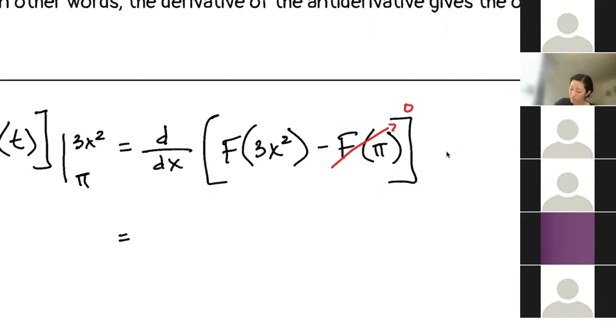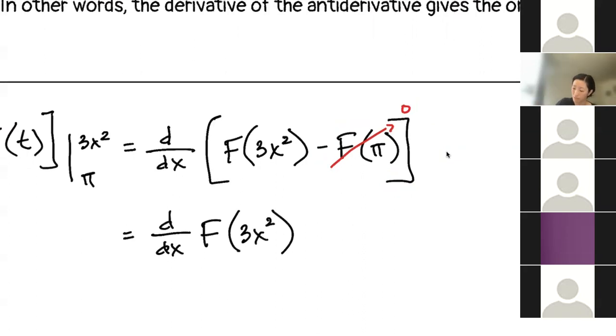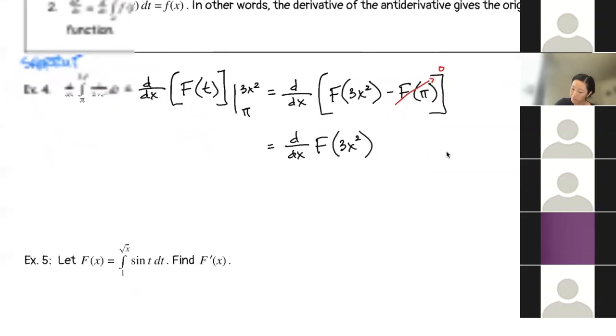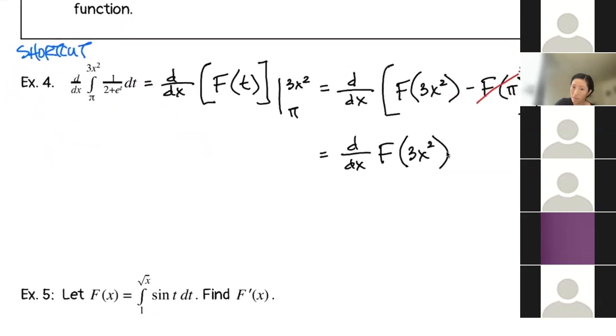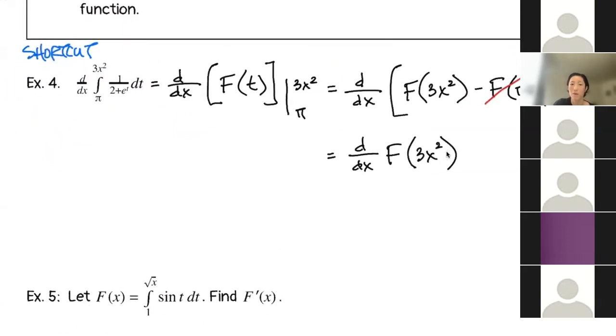Okay. So that means that I'm really thinking about the derivative of the integral of 3x squared plugged into the function. Okay, I'm looking for the derivative of the integral when I plug in 3x squared.